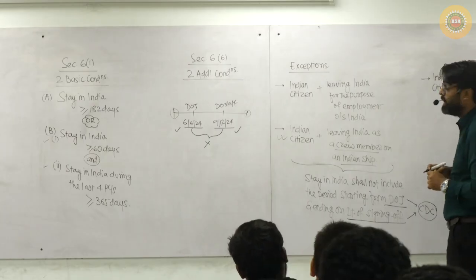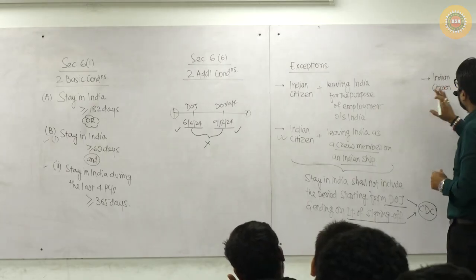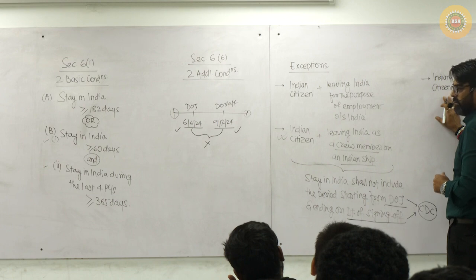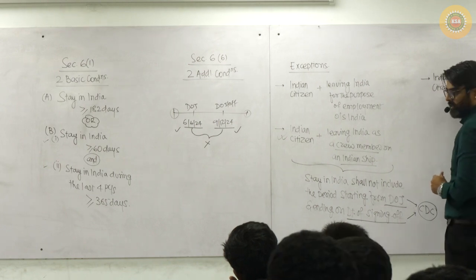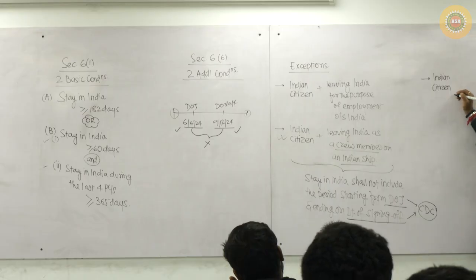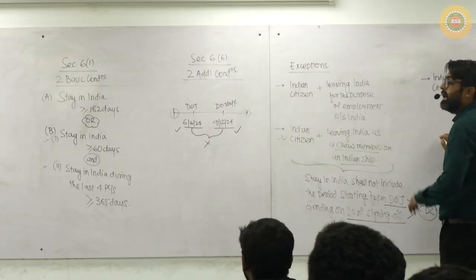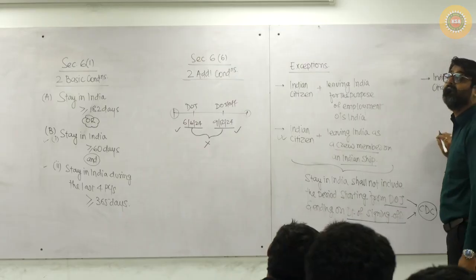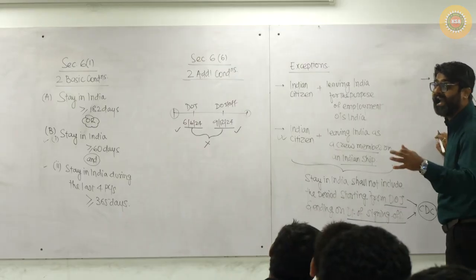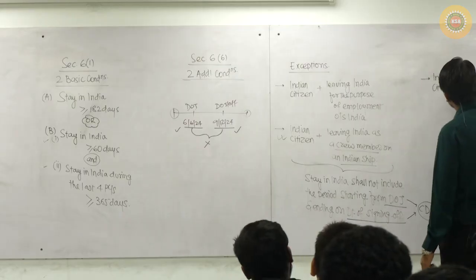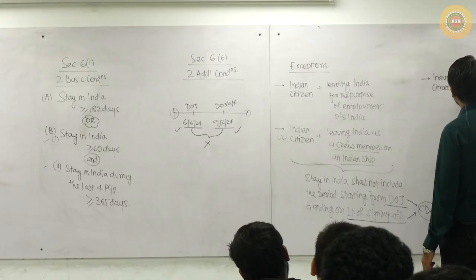Now in the third exception, not only Indian citizens are covered. One more type of individual is covered. See, if you are an Indian citizen, definitely you can be covered by the third exception. But apart from that, even if you are not an Indian citizen, you should be a person of Indian origin.